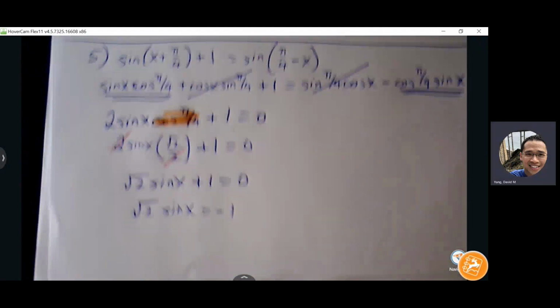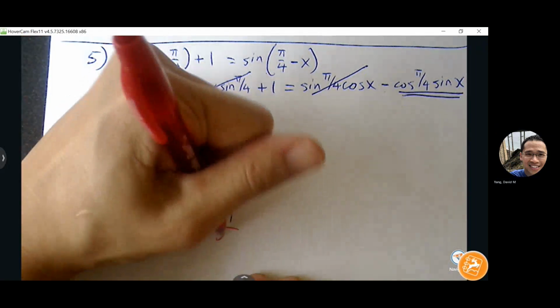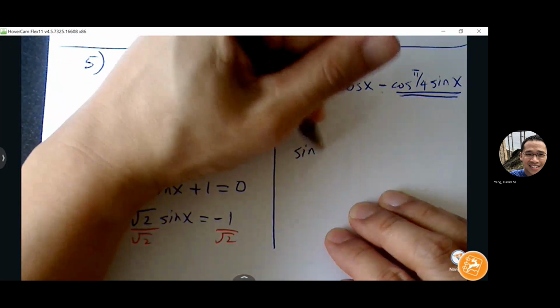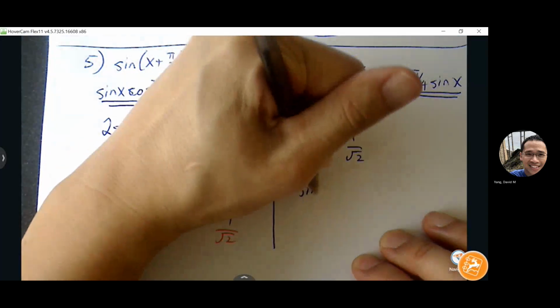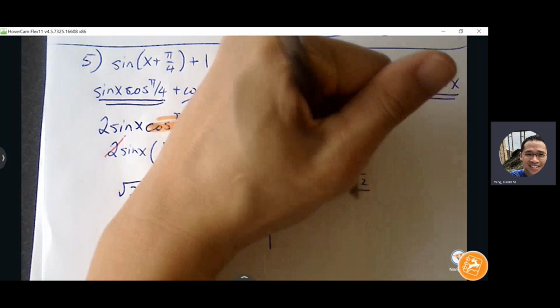Divide both sides by root 2. Okay, do you recognize negative 1 over root 2? That's the same thing as what? Yeah. And that's in the pi over 4 family, right?